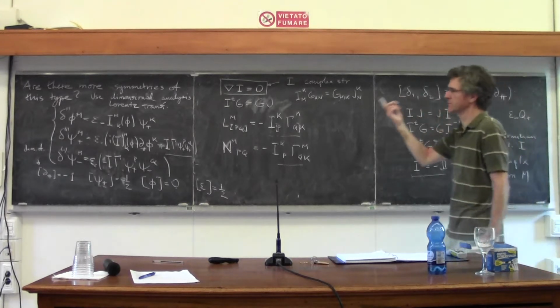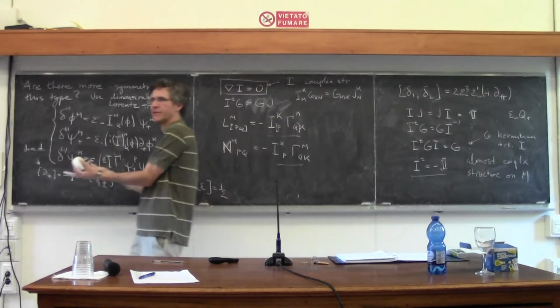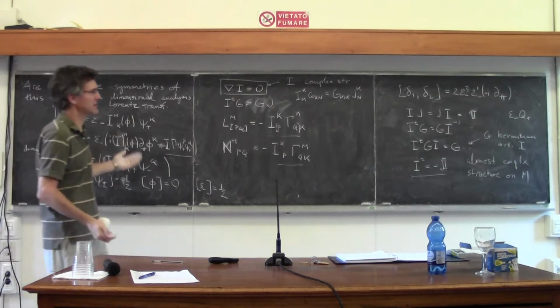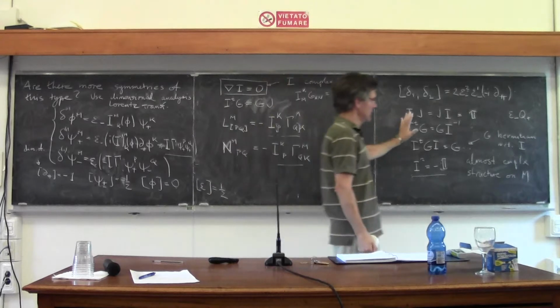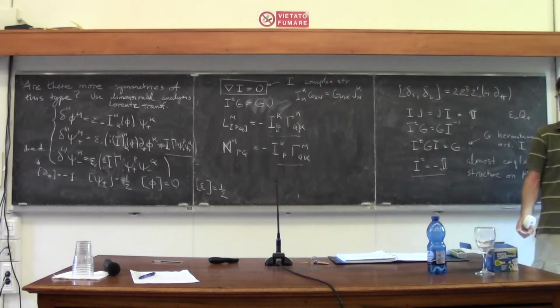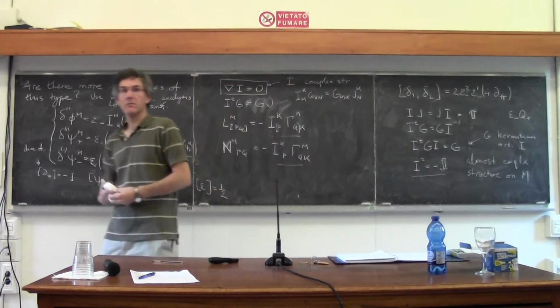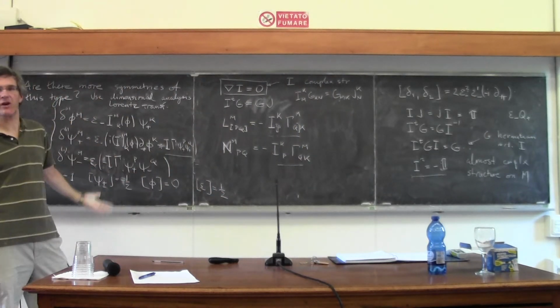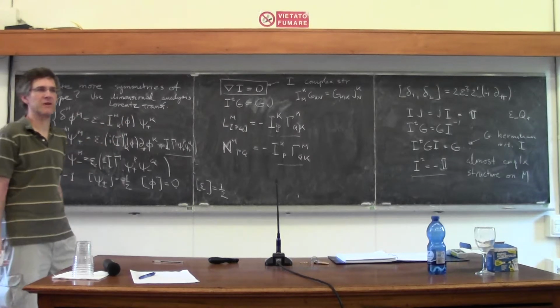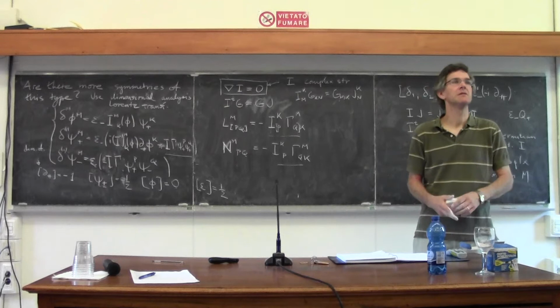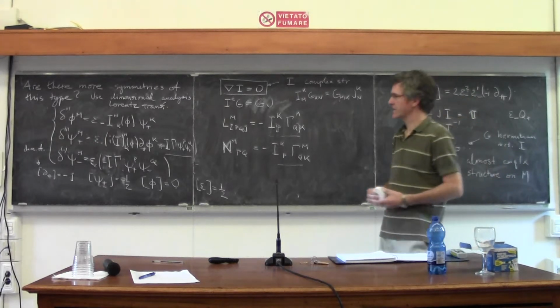So, existence of the first supersymmetry followed just from adding fermions. Existence of the second supersymmetry requires some additional structures on M. It tells us that M has to be a complex manifold, there has to exist a complex structure on it. Sorry? It has to be Kähler. It even has to be Kähler, yeah.